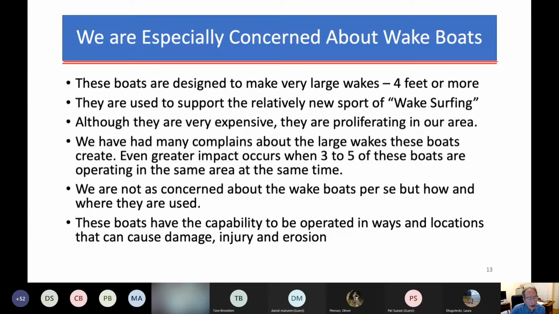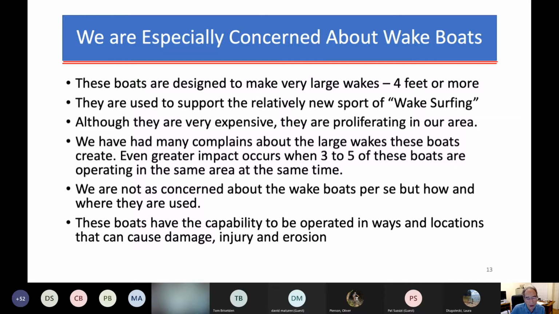Now, we're not concerned about the wake boats per se, but how and where they're used. The wake boats are marvels of marine engineering. Most of them have computer-controlled features where you press a button for what you want to do. If you want to water ski, you press the water ski button and the boat configures itself to water ski.